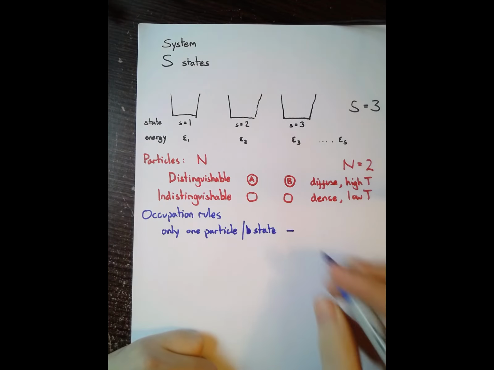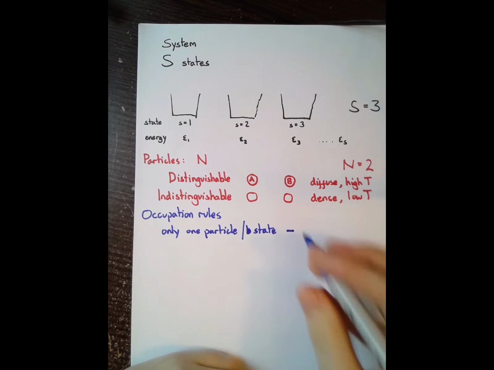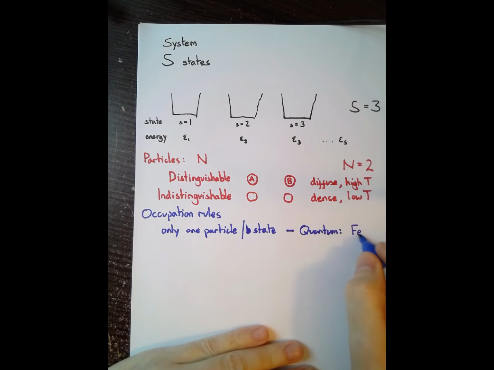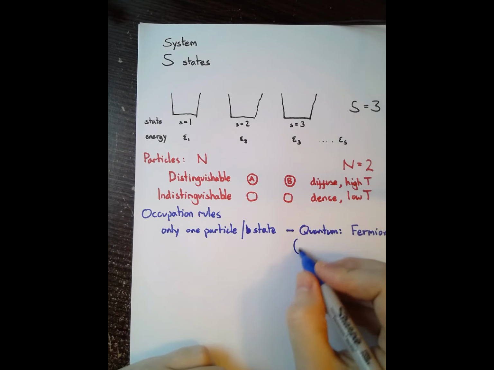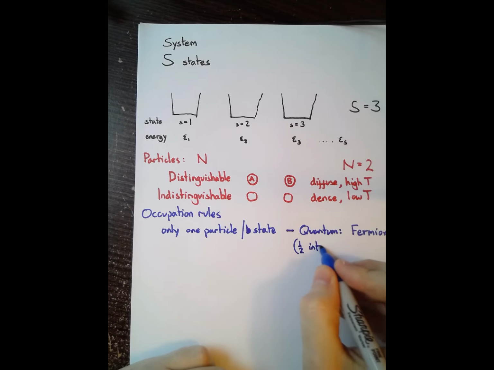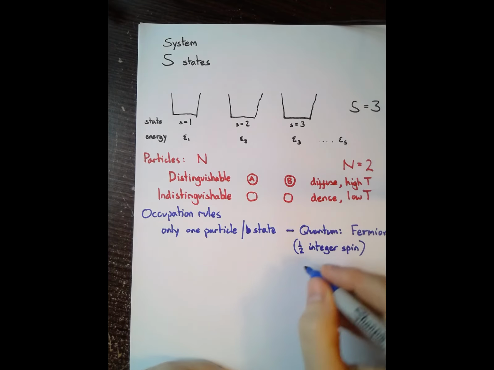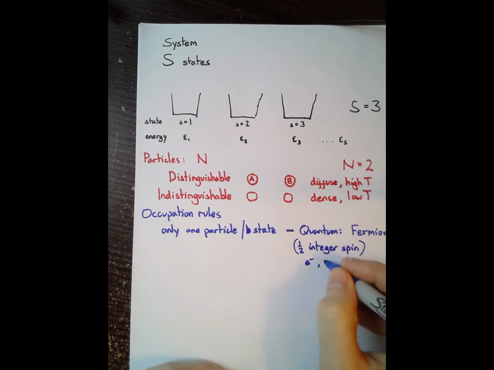This is the case for a particular type of quantum particle called a fermion. And these are any particles with half-integer spin. All matter particles fall into this category. So this accounts for electrons, protons, and neutrons, in particular, the things that make up all atoms.